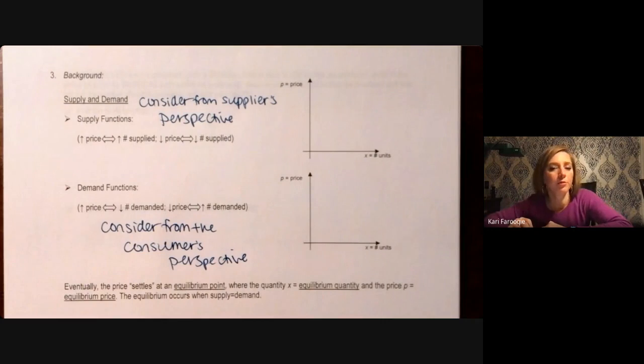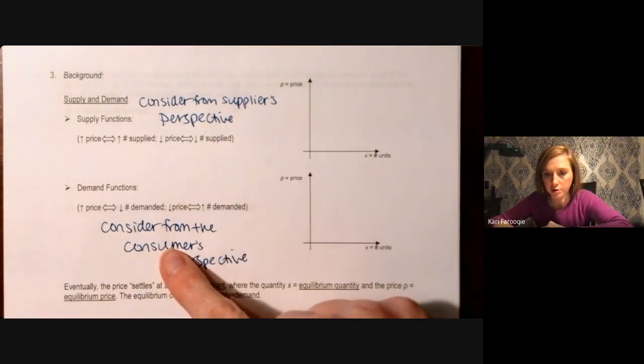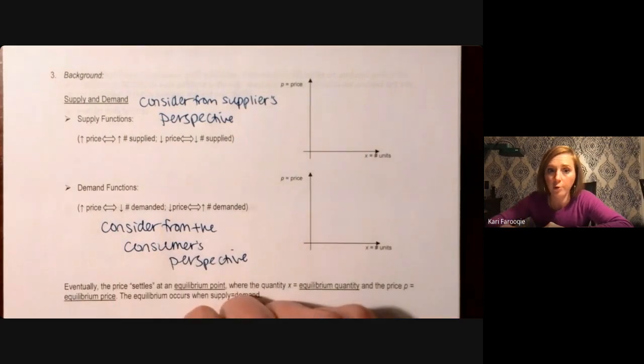I think if you think about them in these ways, it really helps you to understand what's actually going on with these functions. And again, you will see these again in later chapters. We're just sort of introducing them right now.